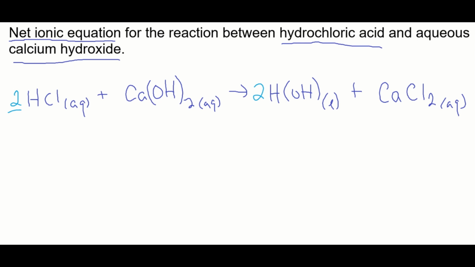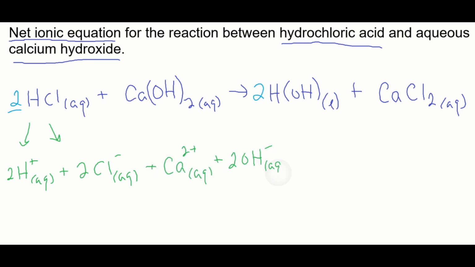All right, we're going to rewrite these with their charges and separated. Don't forget the charges on all of these ions. Now I move this 2 to the front because if we don't, it looks like a molecule, and we just want to quantify that there's 2 moles of OH for every 1 mole of calcium ions.